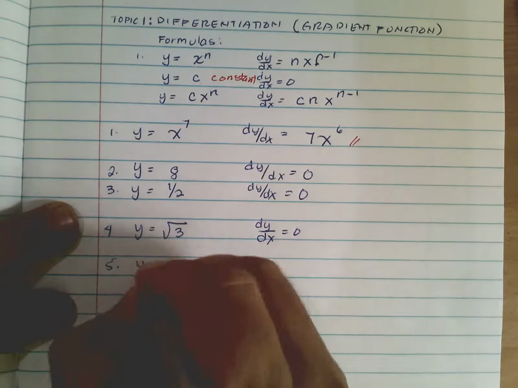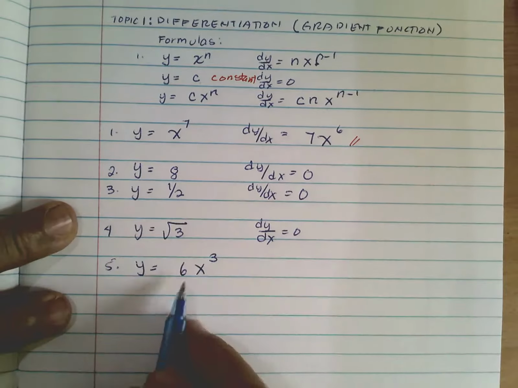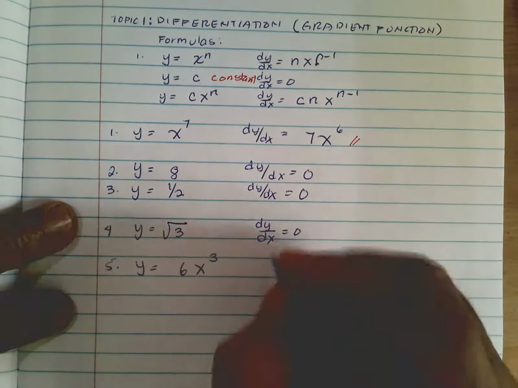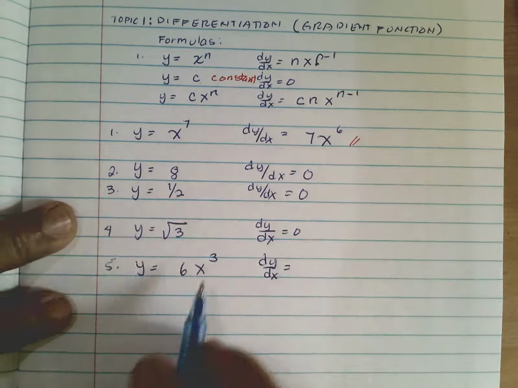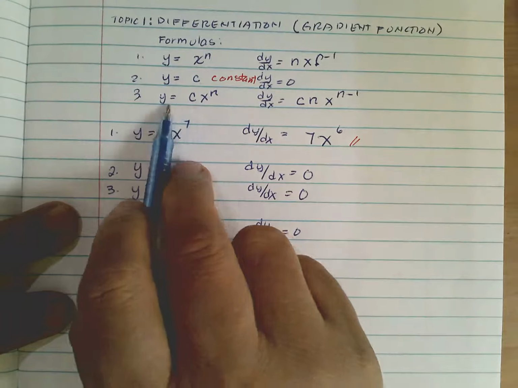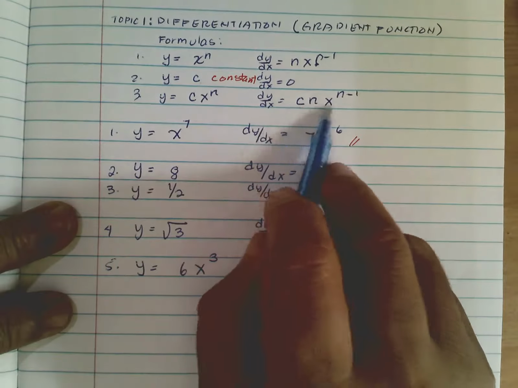Let's try to have example number 5. Suppose that I have where my y is equal to 6x cubed. So now there's a constant in front, and then we have this expression in terms of x, so therefore the derivative of that, according to formula number 3, y is equal to cx to the n, is cnx to the n minus 1.